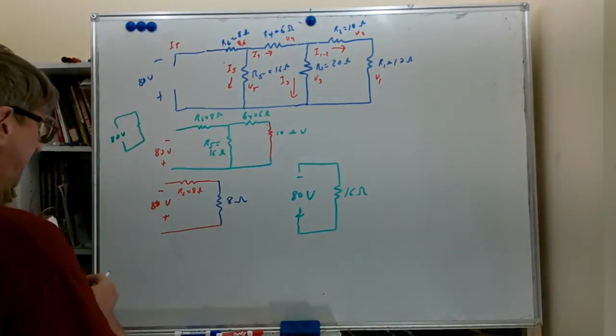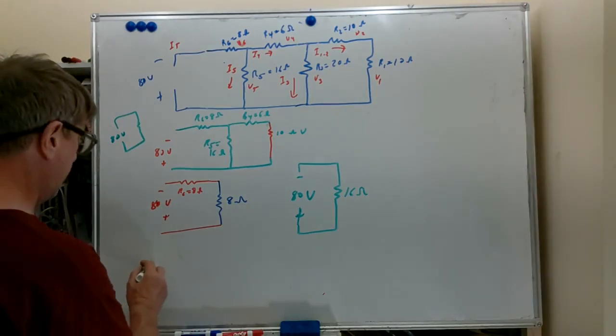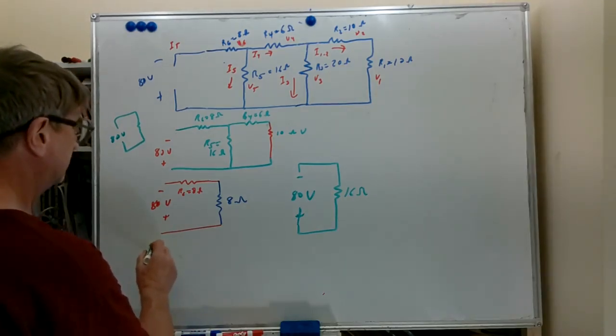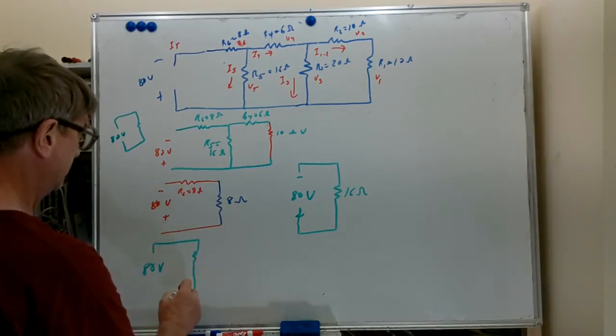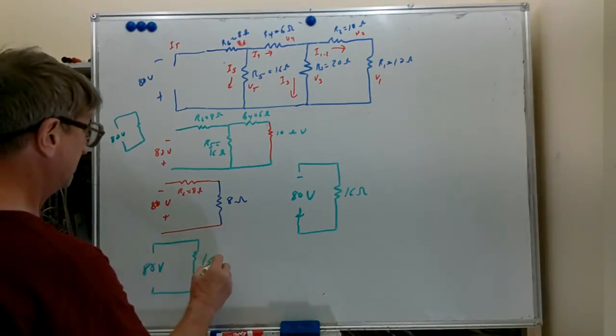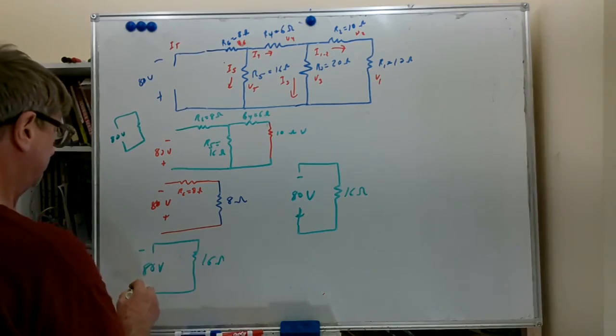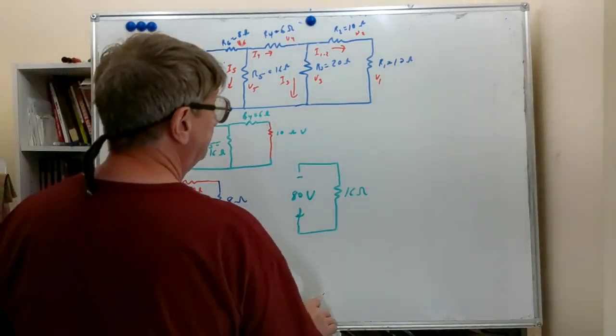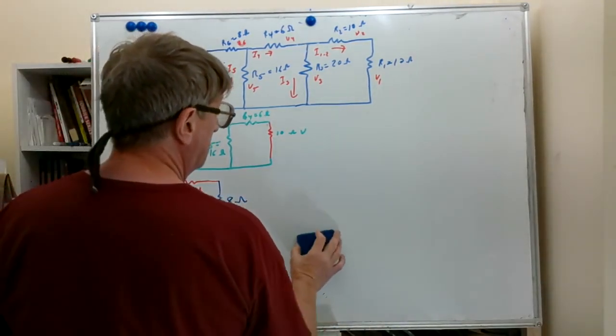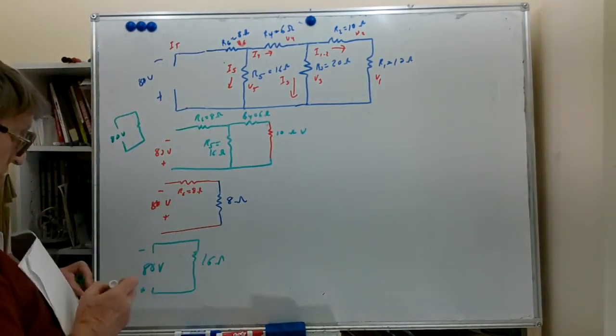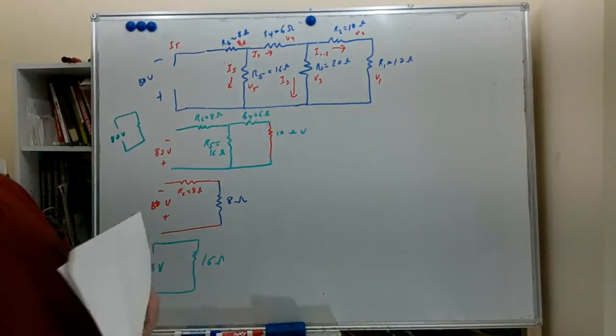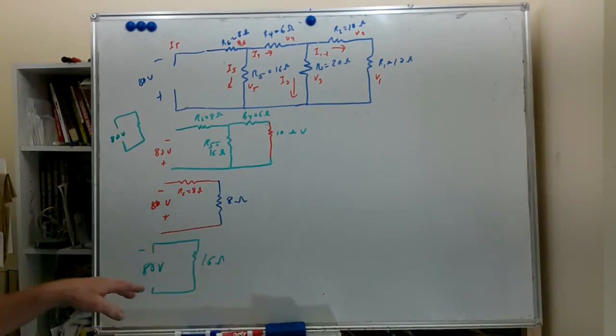Yeah, I think I want this down here because I'm going to need more board. 80 volts. So we're going to work our way back now. We've got this thing down to a single resistor.